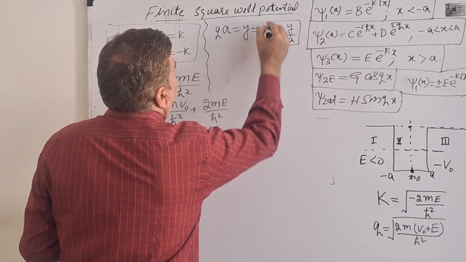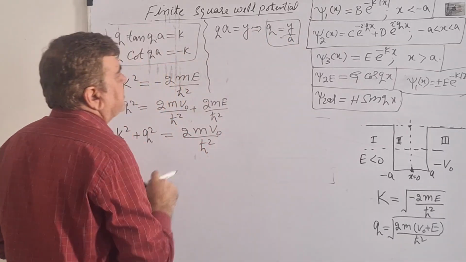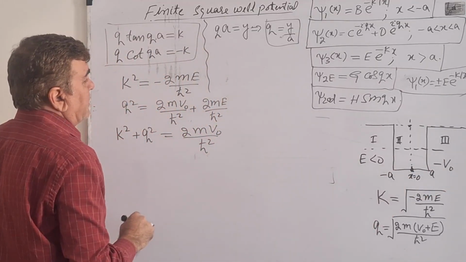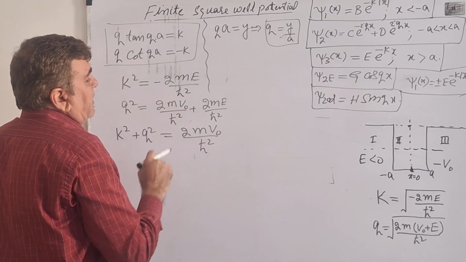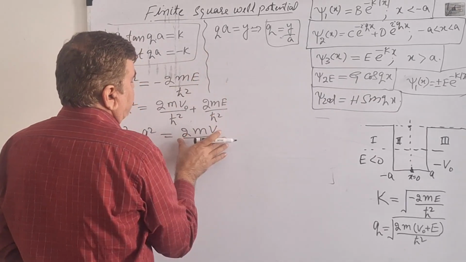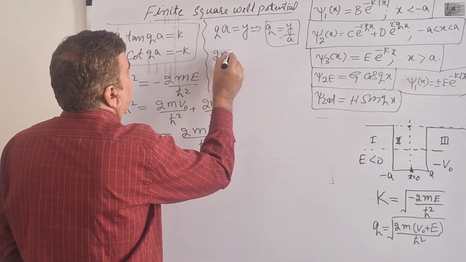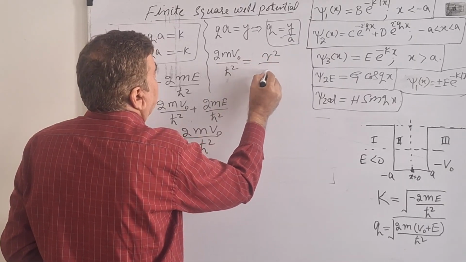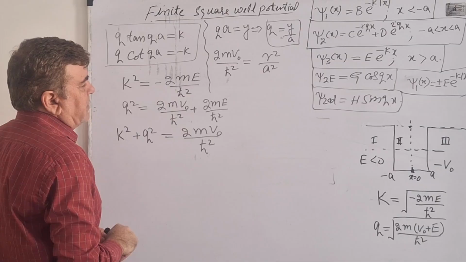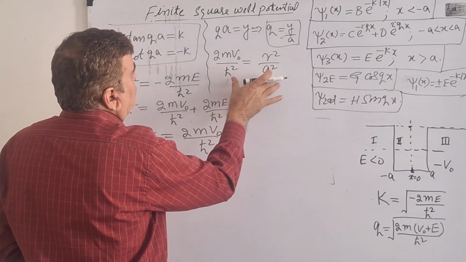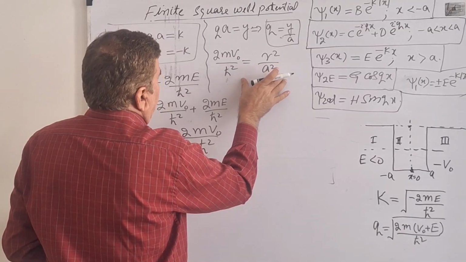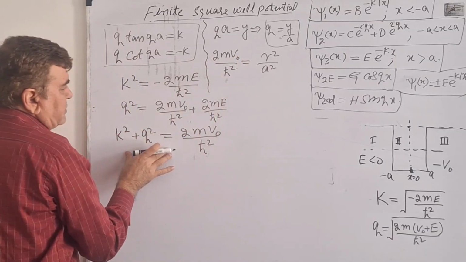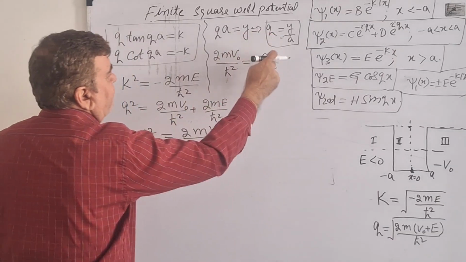So this is q in terms of the dimensionless quantity, and obviously a is the parameter that describes the width of the potential well. Similarly, I define another dimensionless quantity. I write 2mV naught divided by h bar squared equals r squared divided by a squared, where r is again dimensionless. I can put this value of q and this parameter into this equation to find k in terms of y and r.